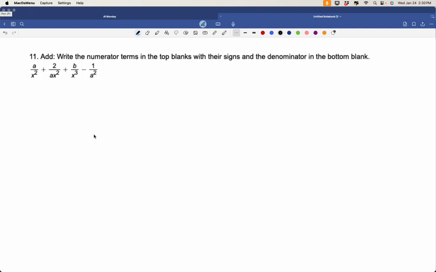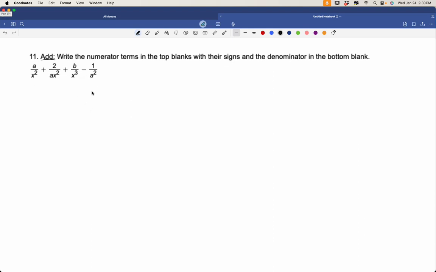All right, we're going to write the numerator terms in the top blanks with their signs and the denominator in the bottom blank. So in order for us to combine all of these together to add them, we have to find a common denominator. The easy way to do that is to factor everything, but it's time consuming. You can also just look for the variables.